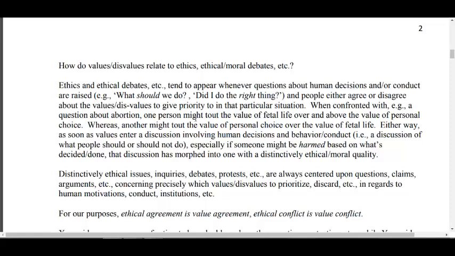If they have set it up like on a point scale and they assign a 99 to the value of being able to choose what we want to do with our own bodies, that means that of everything else, there are 98 other slots, and fetal life is probably going to be far, far lower down on the scale. But it could go the other way. Some people might put fetal life, or life in general, up there at 100, and then everything else has to have some value score less than 100.